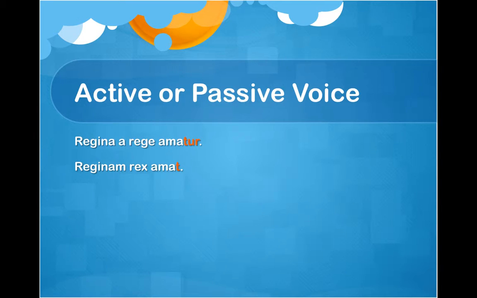In the second sentence, the T on the end of the verb amat is from the active voice, and so the nominative case noun here, which is rex, is performing the action. Rex amat reginam. The king loves the queen.